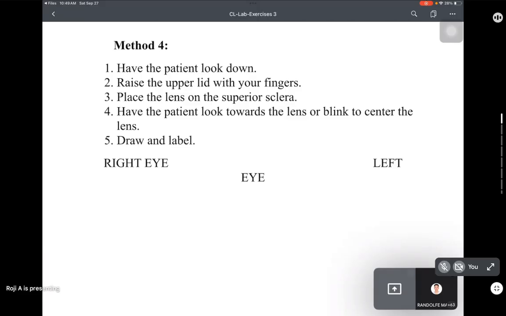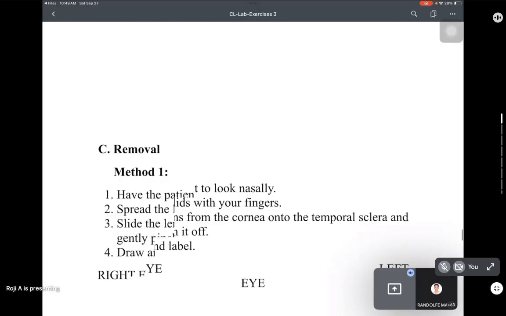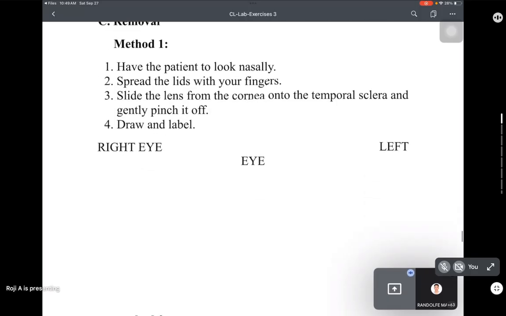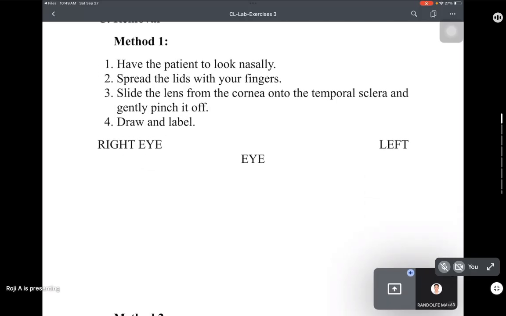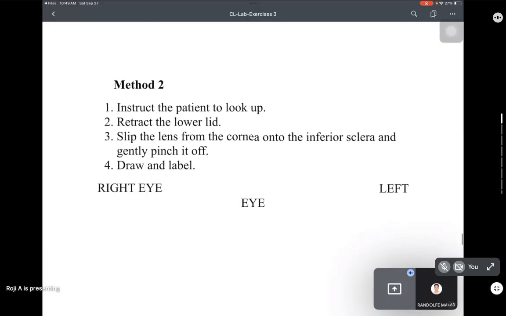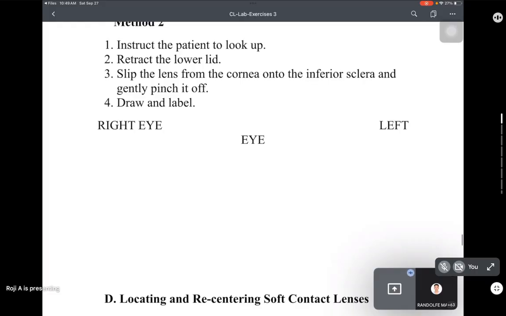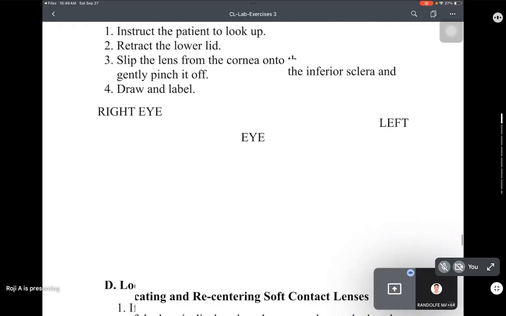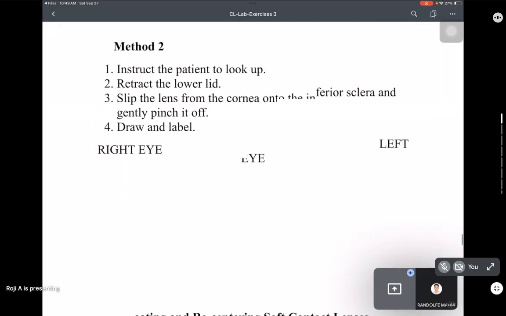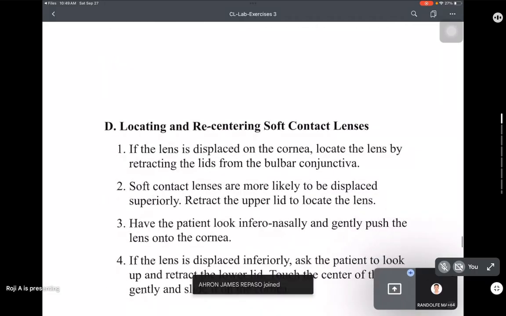And then this is looking down through the sclera. Then the removal, of course, pinching, one, look up, and then the third one is straight onto the cornea. Correct? So we have three ways. But here we only have the two methods, but we do three methods.